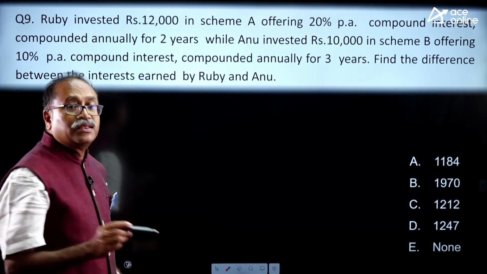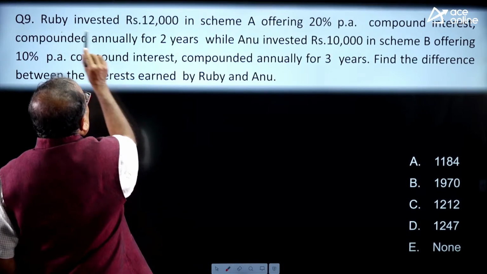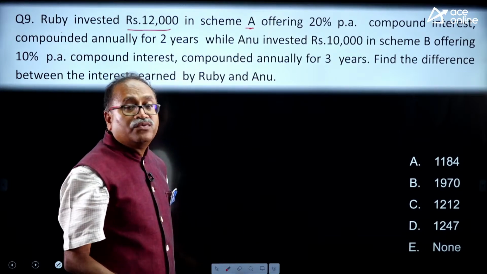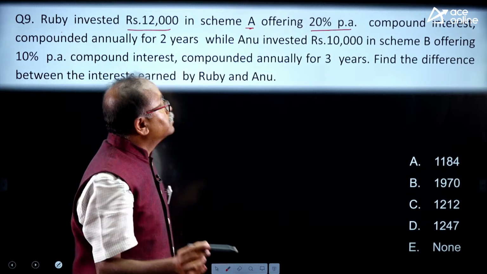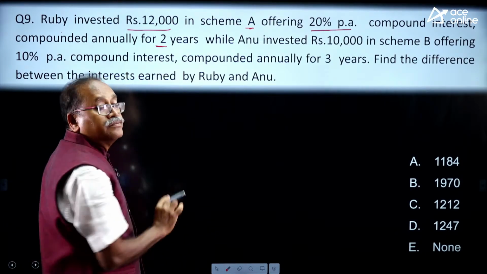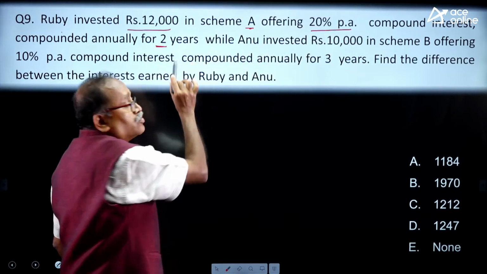I'll read the question and then I'll give some time for you to answer it. Ruby invests rupees 12,000 in scheme A, which offers 20% per annum compound interest, compounded annually for 2 years. I know the principal, the rate of interest and the time.